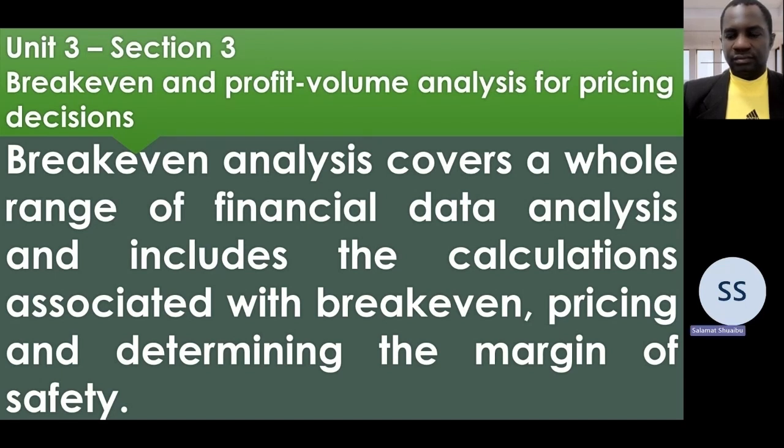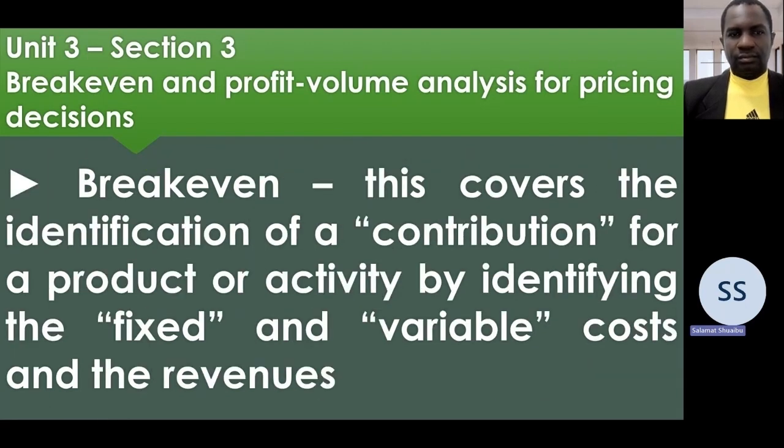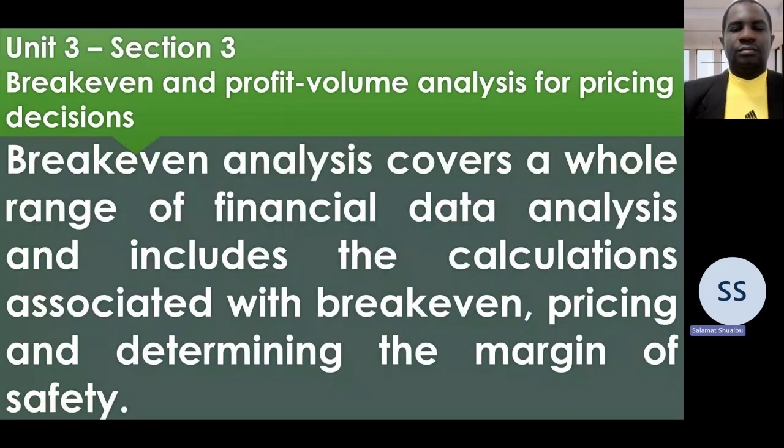The first one where it says it covers a whole range of financial data analysis and includes the calculation associated with break-even pricing. Okay, this slide. Or do you want me to go over it again? Sorry, you are breaking.